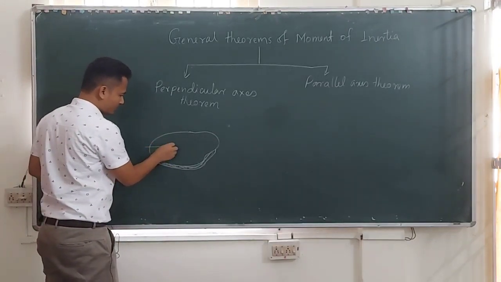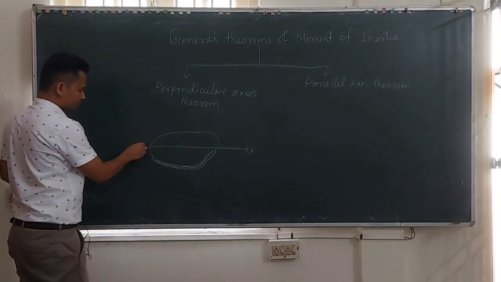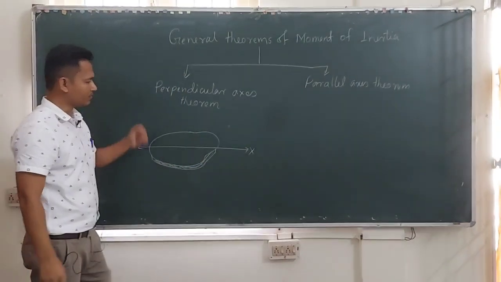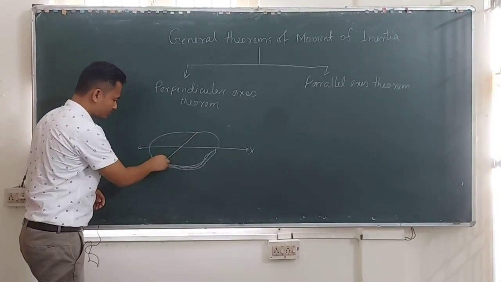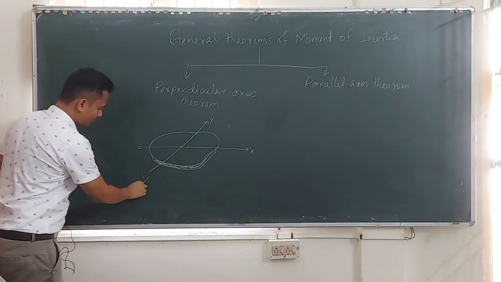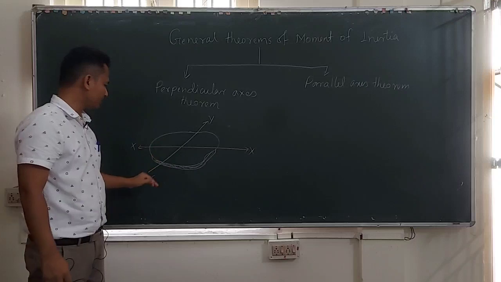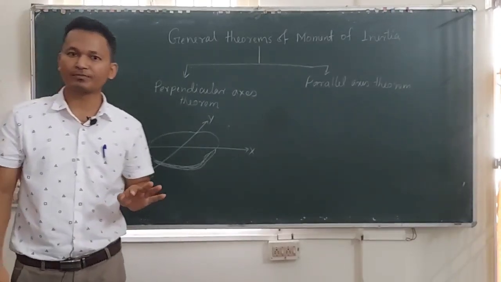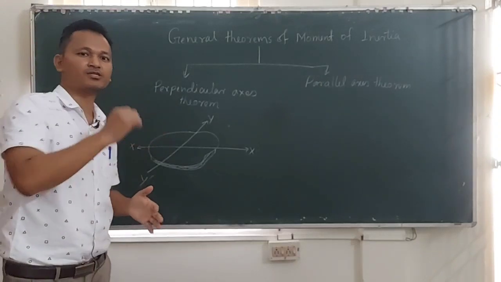One is the x axis, which may be the axis of rotation. Another may be the y axis, say y prime. Say x prime and y prime are the two perpendicular axes, and these axes lie on the plane itself.